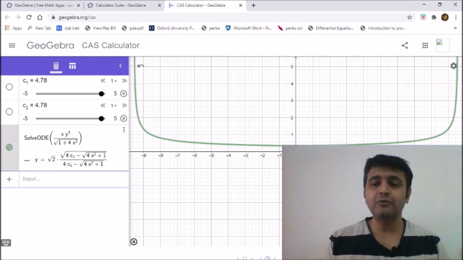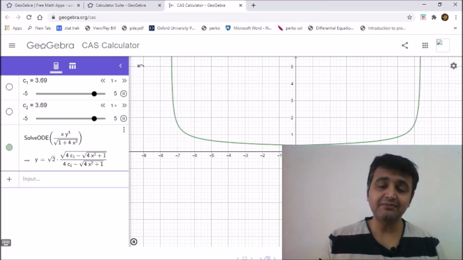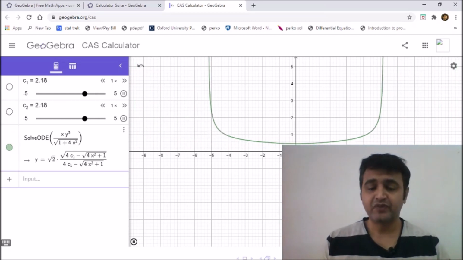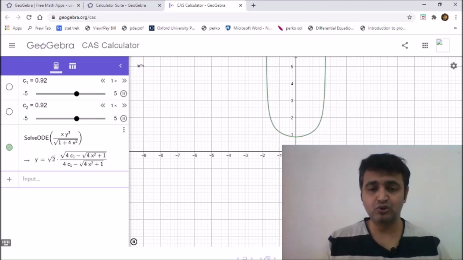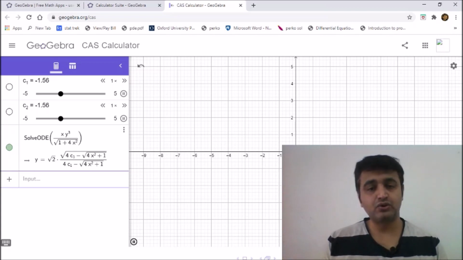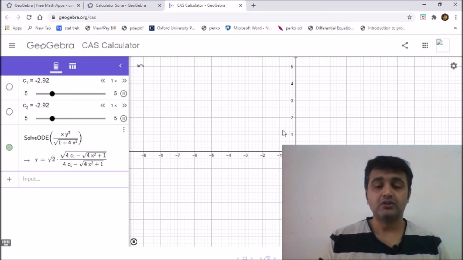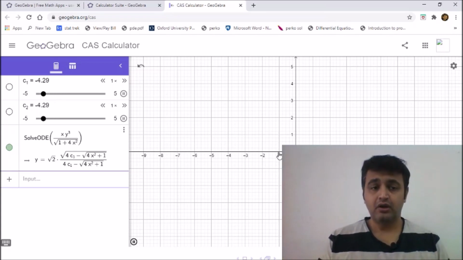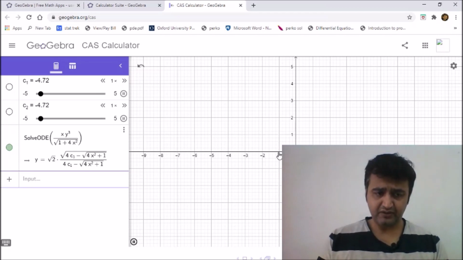So that negative part is missing. Why is that missing? Because GeoGebra treats the solution as a function, and a function cannot take two values. A function only has a unique output. So that's the drawback over here, but that's also fine.